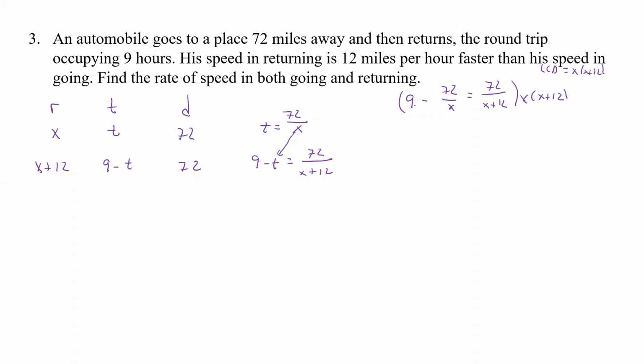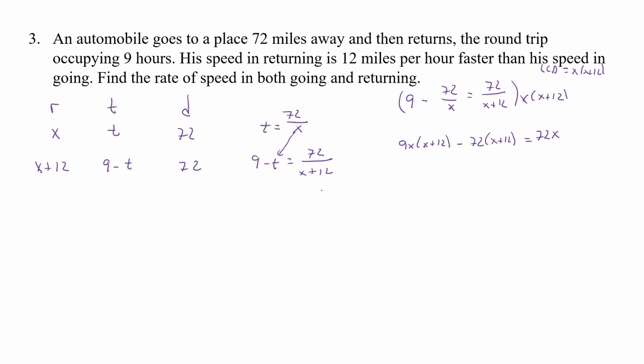Now, when we do that, nothing cancels here. So we're going to have 9x times x plus 12. Minus, now here the x's cancel, so we have 72 times x plus 12, and that equals, now the x plus 12's cancel, so we have 72x.